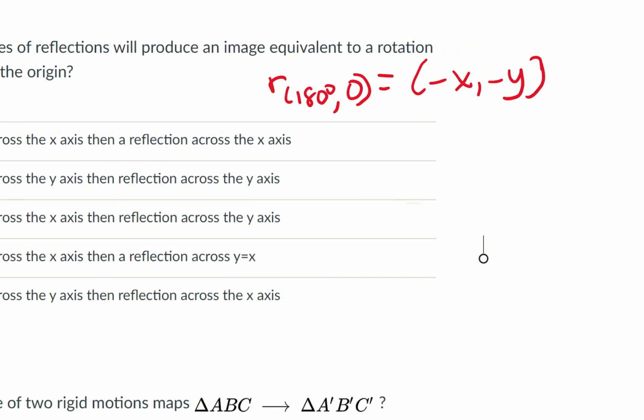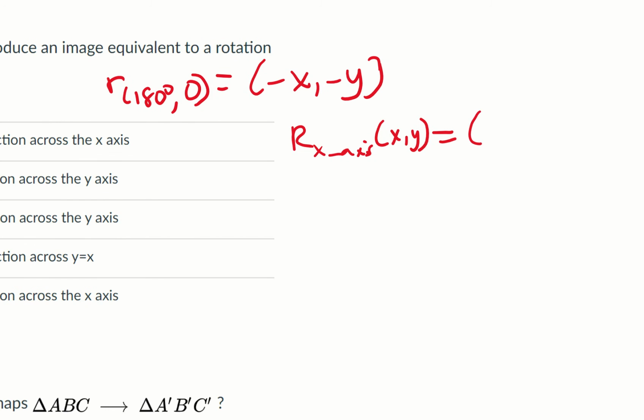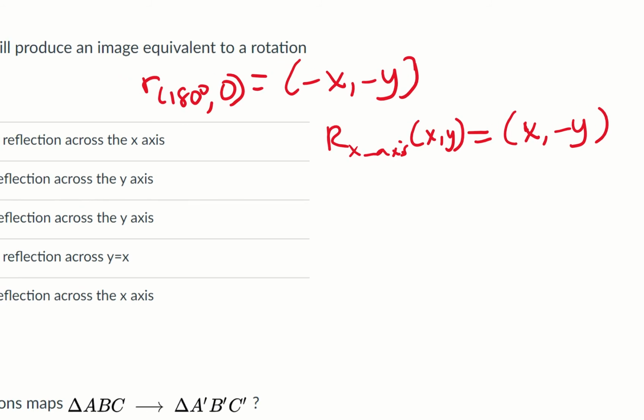Know that performing a reflection about the x-axis, the rule for that is that it transforms the y coordinate, right? So the x stays the same, but the y coordinate changes to the opposite sign.